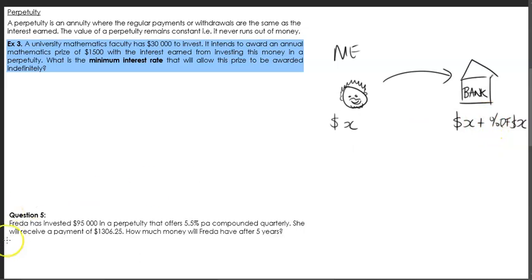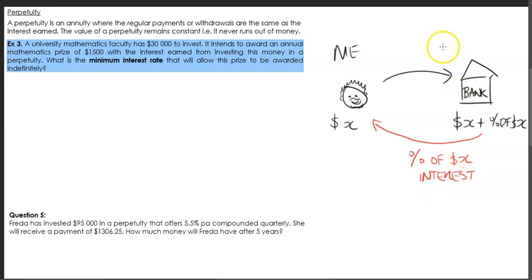Now the difference between annuity and perpetuity is that when you take money back, this amount isn't necessarily a fixed amount that you decide. It's actually the percentage of that amount that you get, or in other words, the interest.